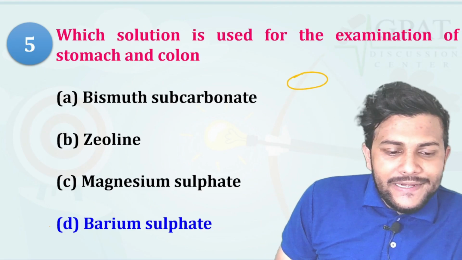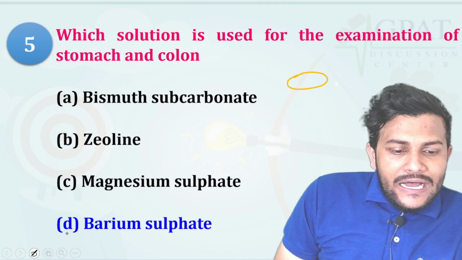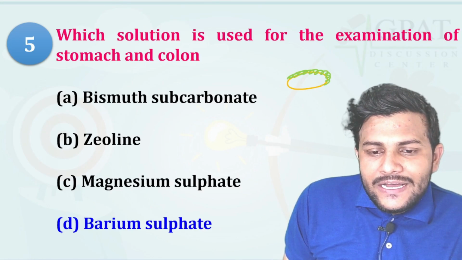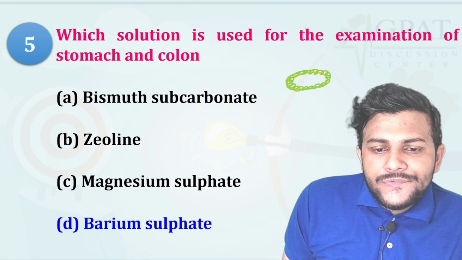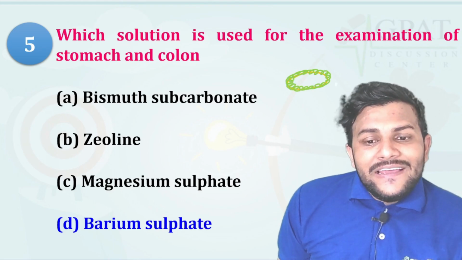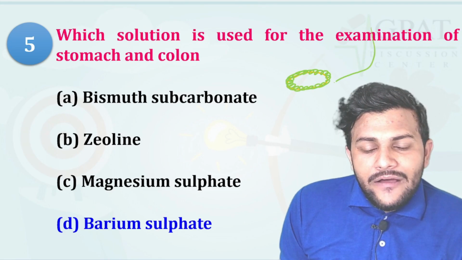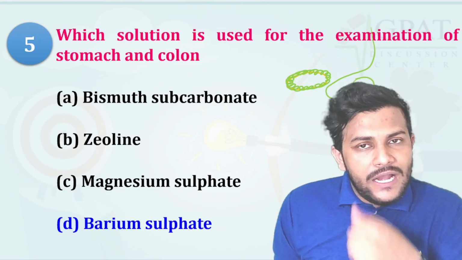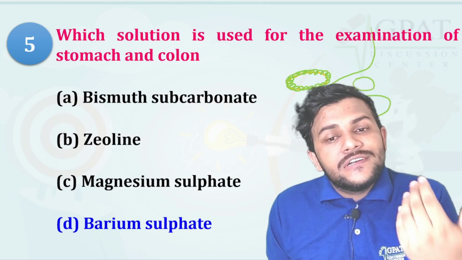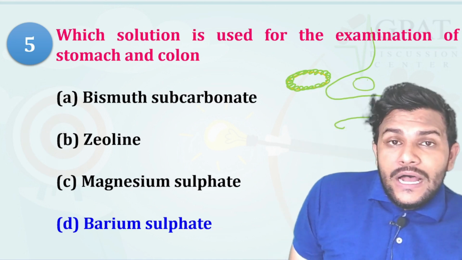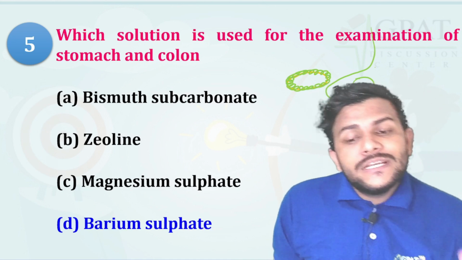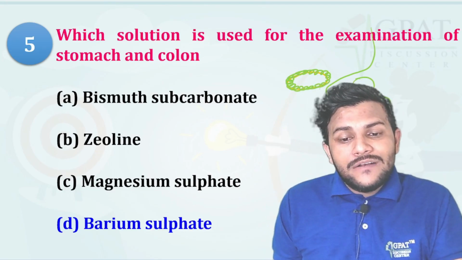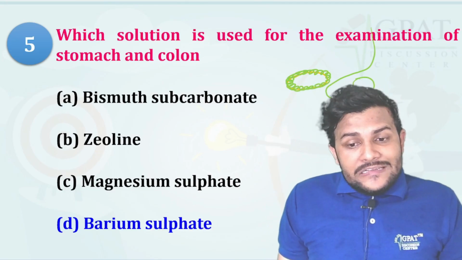Suppose this is a tablet, and the researcher coats their drug with the barium. So they can easily examine where the drug is. Suppose the drug is undergoing disintegration in the small intestine, or in the stomach, they can easily see where exactly the drug is undergoing absorption, because the barium sulfate is disintegrating there.